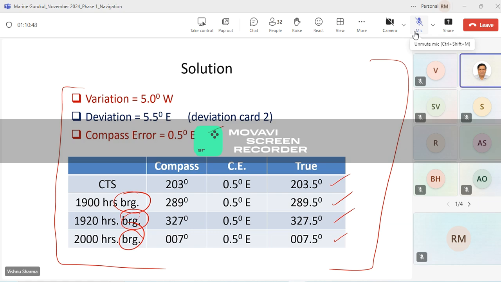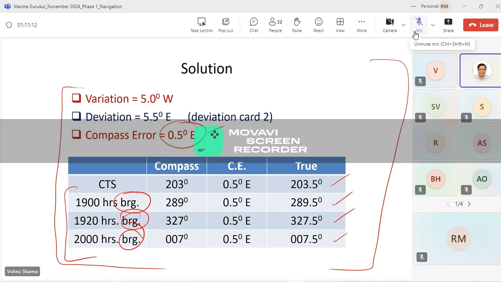Yeah, no, good. See, Abhinandan, this is exactly what I was trying to say. And you are not an exception. I come across this every time, and that's why I allow you people to do it and figure out the mistakes you're making. It is the same error that will be applying to all the bearings, guys, including the course to steer, right?